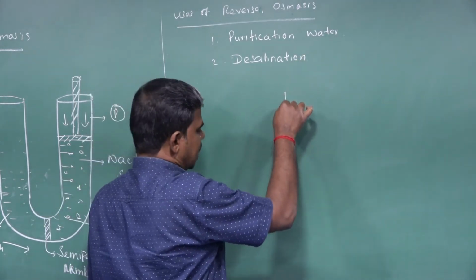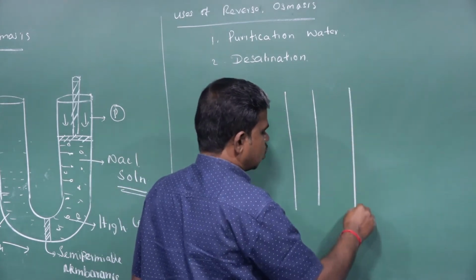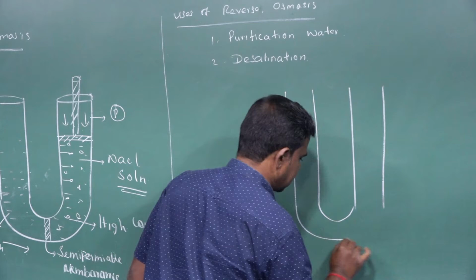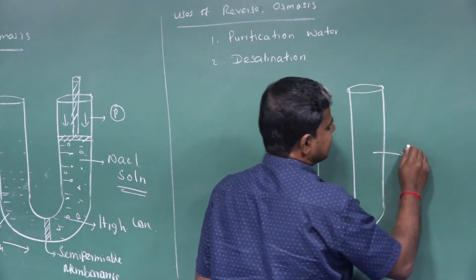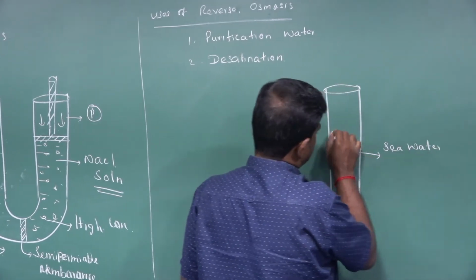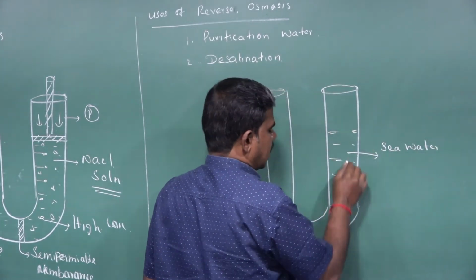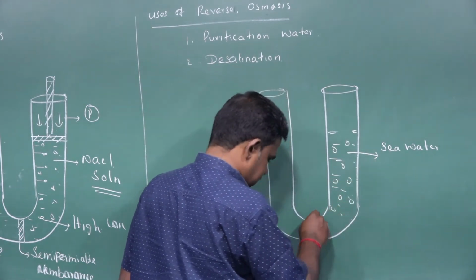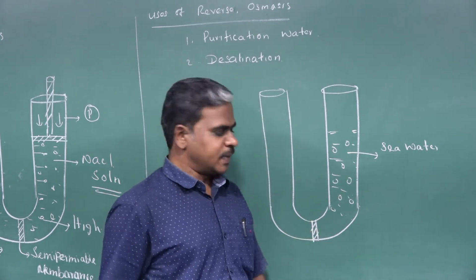We are taking the reverse osmosis. Now we are taking a U-tube, and here we are taking seawater. Here the calcium, magnesium and other ions are present. Now we are inserting the semi-permeable membrane.